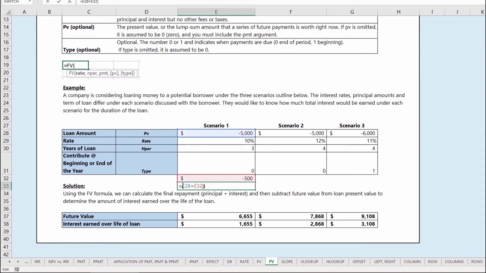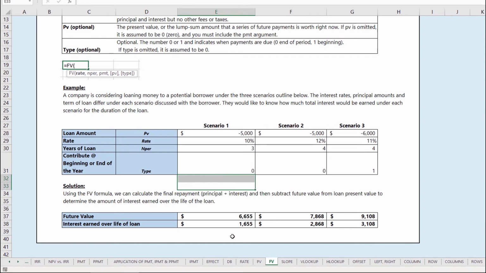We multiply that by 1.1. That gets us $6,050. And if we were to multiply that by 1.1 again, we get $6,655. So that goes to show that the formula for the future value is working. We're basically taking the $5,000 and multiplying it by the compounded rate of 10% each payment period, which is 3 years in scenario 1. So the total interest earned over the period is $1,655.